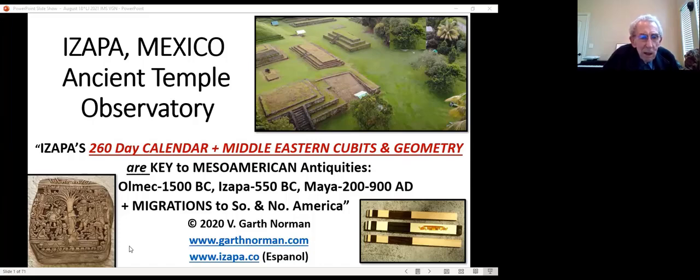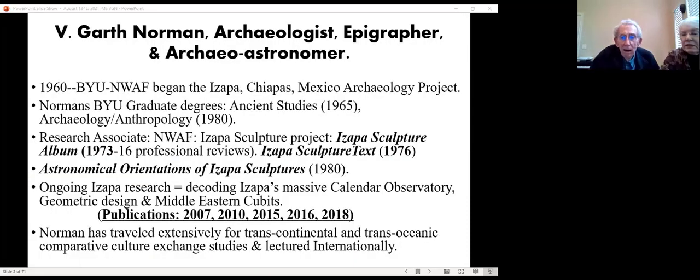The broad scope at Izapa includes from the beginning Olmec around 1500 BC, actually much earlier in its origin, Izapa at about 550 BC coming in, then the Maya from 200 to 900 AD, plus migrations to South and North America.